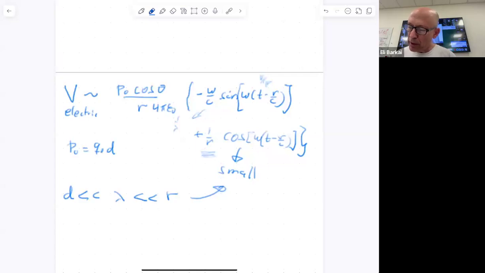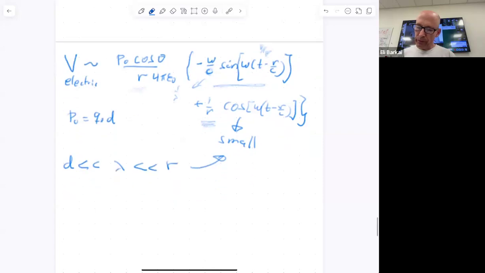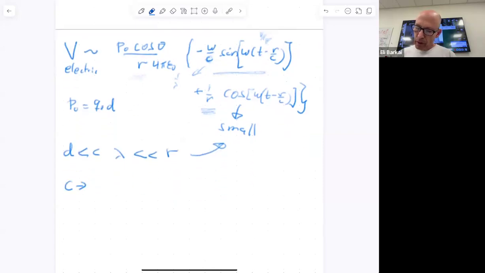You also see the magic in this c here. If c would be infinity, then this term that is independent of R, again, there is an R dependence outside, but compared to the other one, this c would be infinity, no effect.